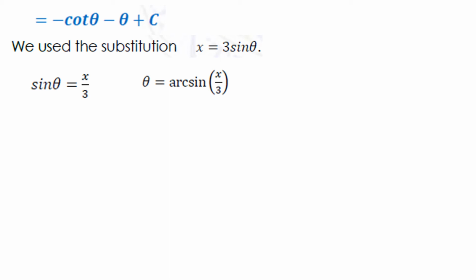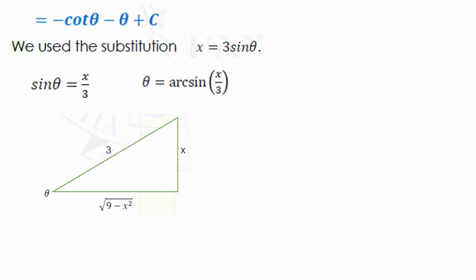Constructing our triangle, basing it from our substitution, sine theta is equal to x over 3. The definition of sine from trigonometry is the ratio of the opposite side over the hypotenuse. So this will be the triangle. x is the side opposite angle theta and 3 is the hypotenuse. The third side can be computed using the Pythagorean theorem, wherein that side becomes the square root of 9 minus x squared.